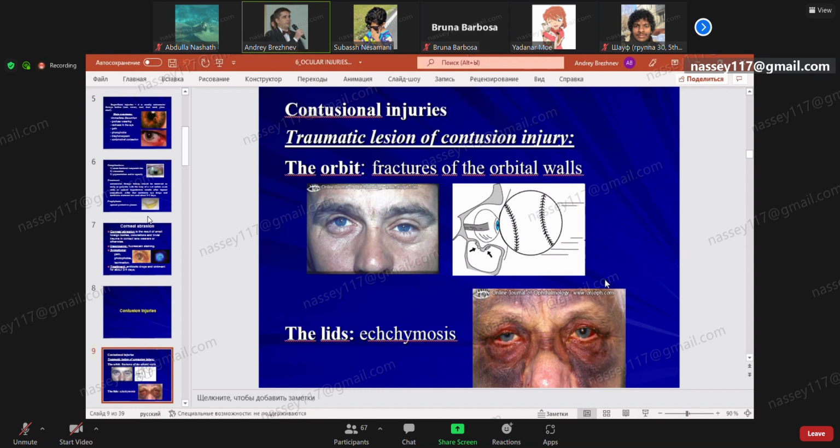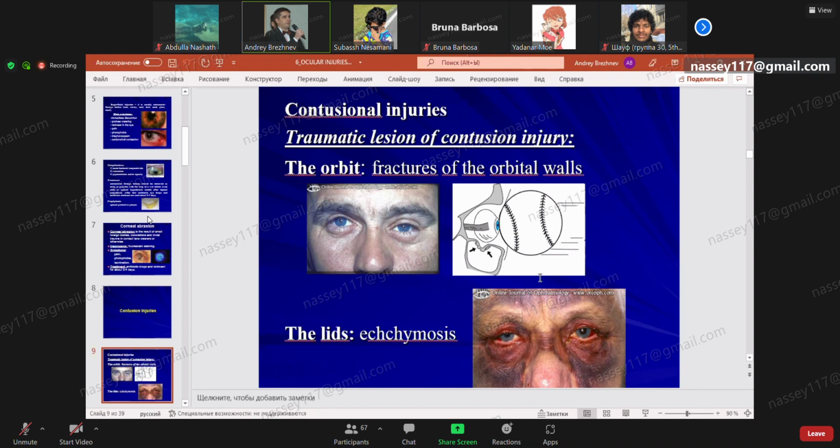Sometimes, on the other hand, maybe anophthalmos, when we can see that the eye looks very small due to the fractures of the orbital walls and the position of the eyeball, low down into the orbital cavity.